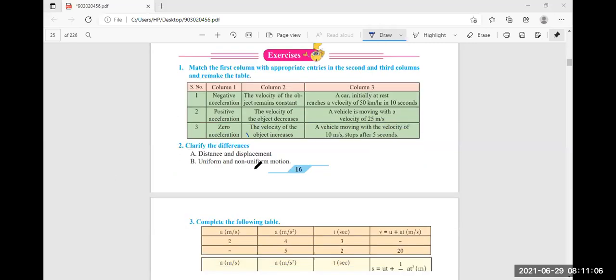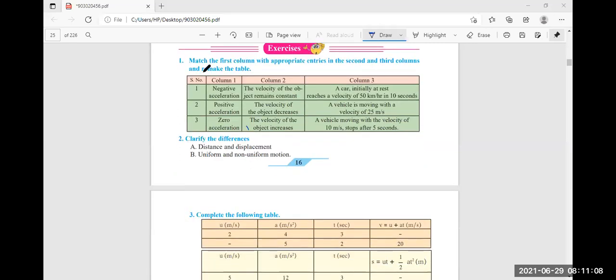Now next, uniform and non-uniform motion. Tell me about uniform and non-uniform motion. Shreya Jadhav, please tell me the first point. Okay, I think Shubham Wabale has his hand up. Shubham, you can tell.